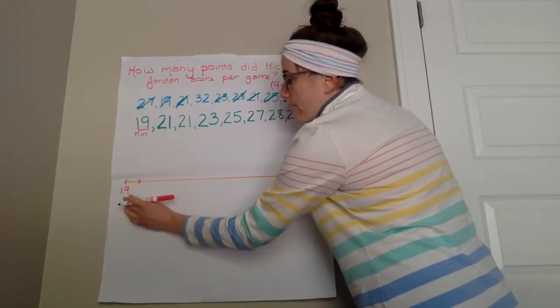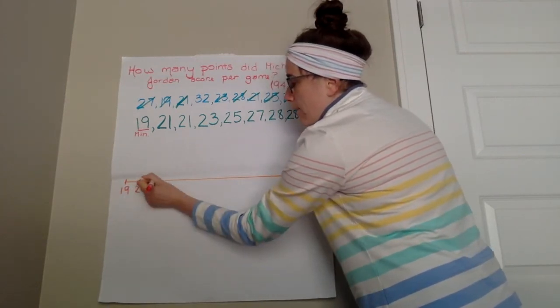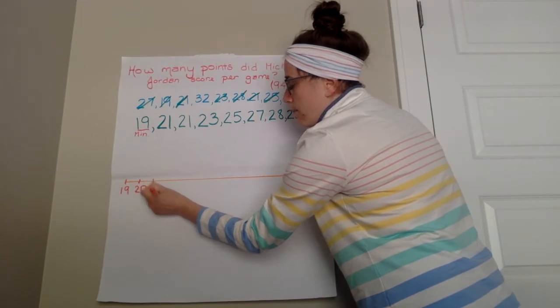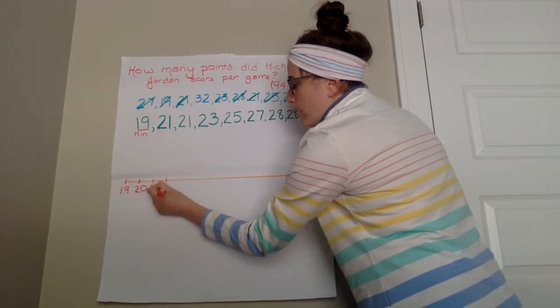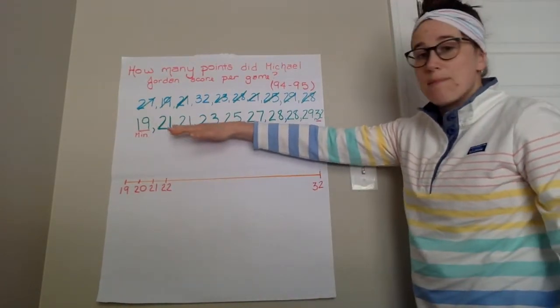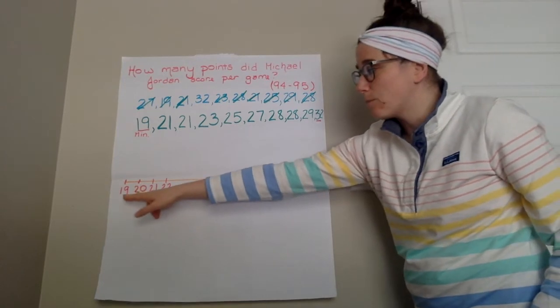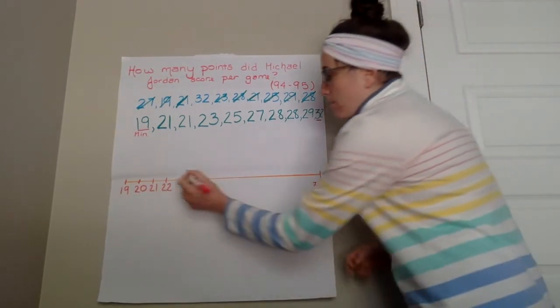So next, after 19 becomes a 20. Then we have a 21, 22. Notice, I'm counting by ones. It does not matter if the number is listed up here. I have to put every number between my minimum and maximum.